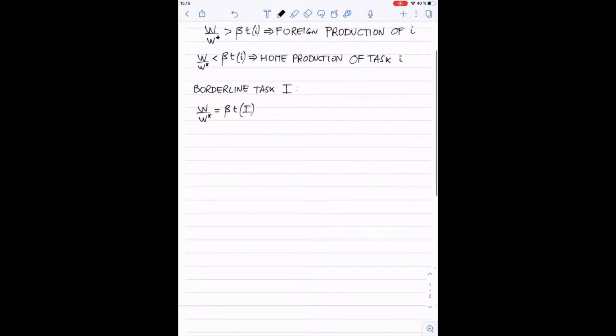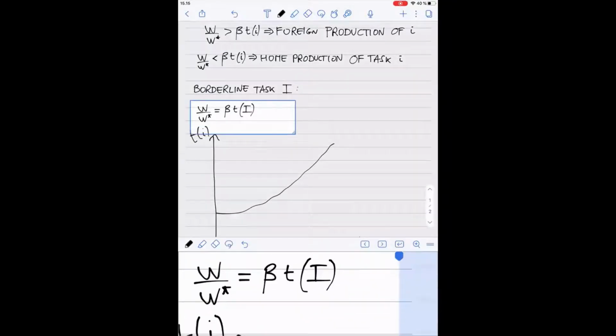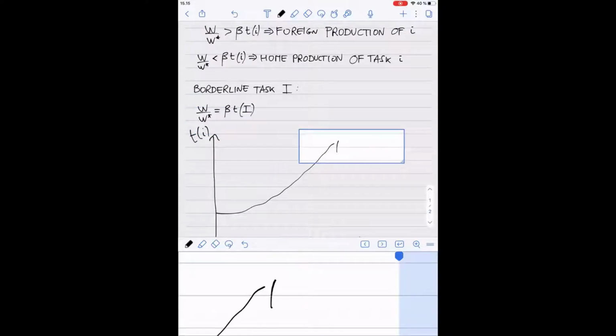Basically, a way to represent this on a plane is just to have on the vertical axis our relative cost, so to speak. So here we have Ti, or relative cost of offshoring, as a function of I. And we know that this is increasing because we have assumed that Ti is increasing in I. So this is beta Ti.